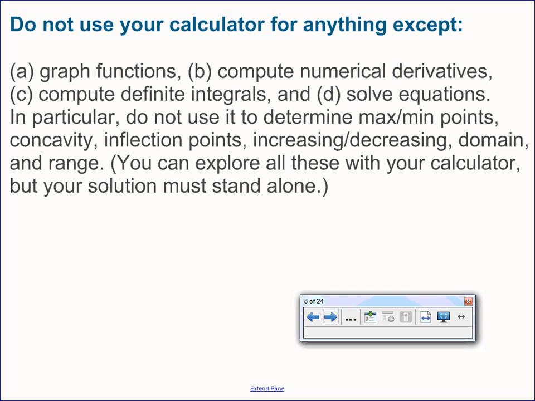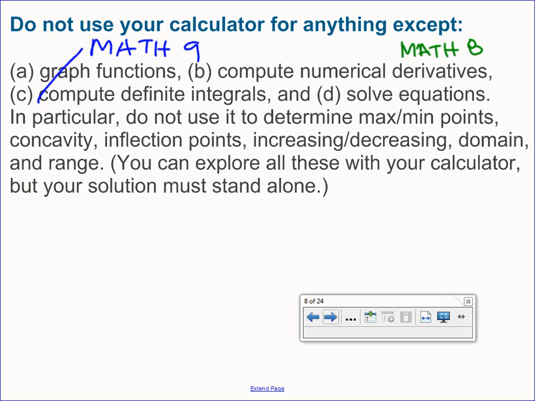Don't use your calculator for anything except graphing functions, computing numerical derivatives. What's our numerical derivatives? That's our math 8 command. Computing definite integrals. There's our math 9, my favorite. And solving equations.